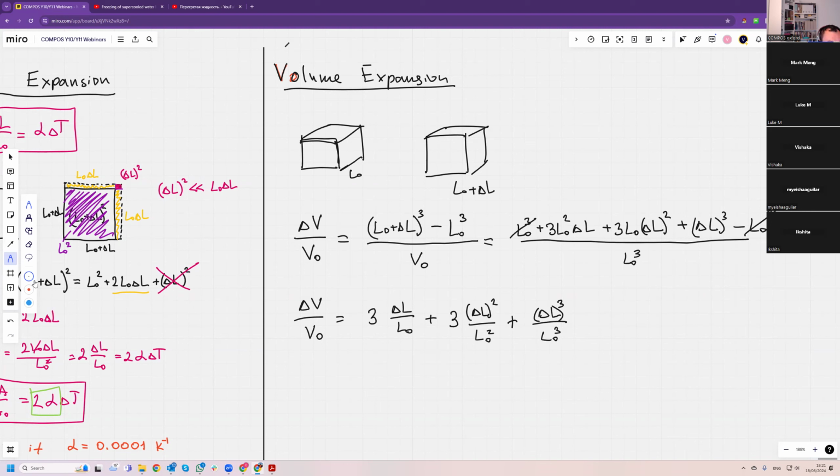Because L0 is a big number and delta L is a very small number, a very small number squared divided by a very big number squared is very small.